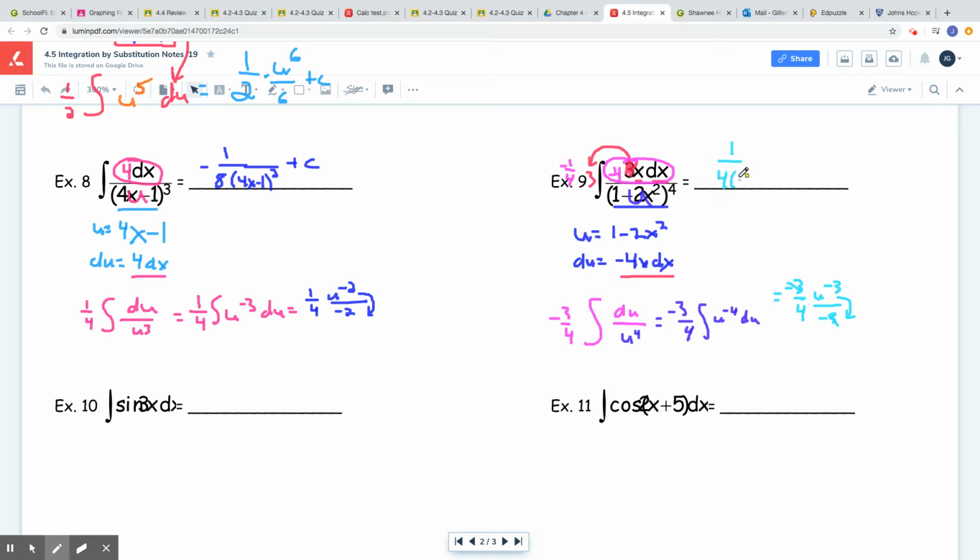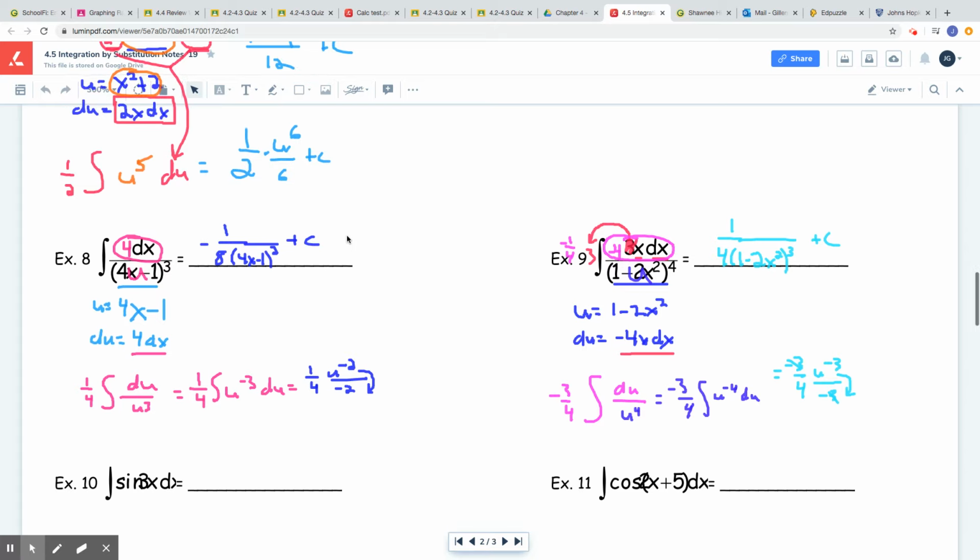What's my u? 1 minus 2x squared to the 3rd plus c. Now, if you didn't cancel them right away, you would hopefully see a negative over negative as a positive, but you would have 3 on top, 12 on the bottom, and 3 over 12 reduces to 1/4. So there's our answer.